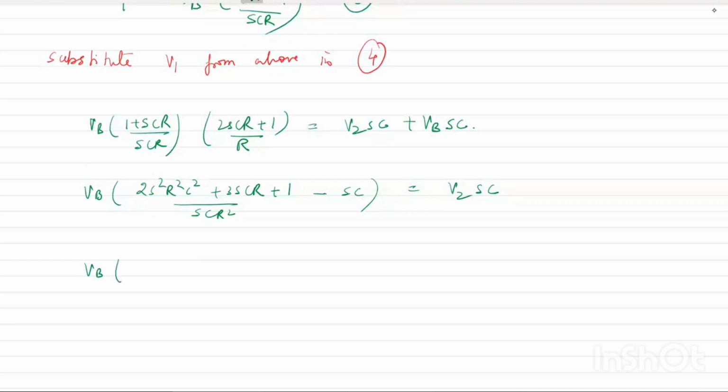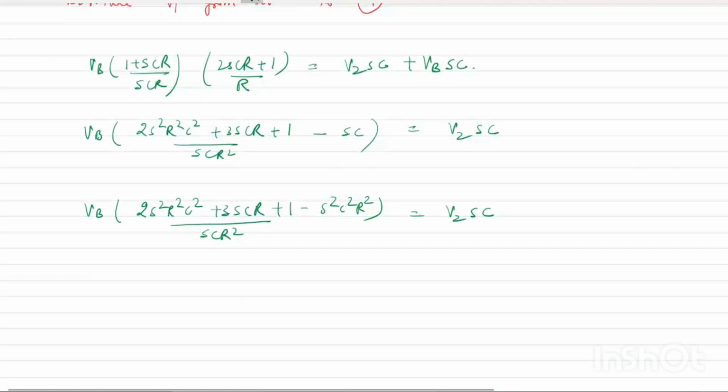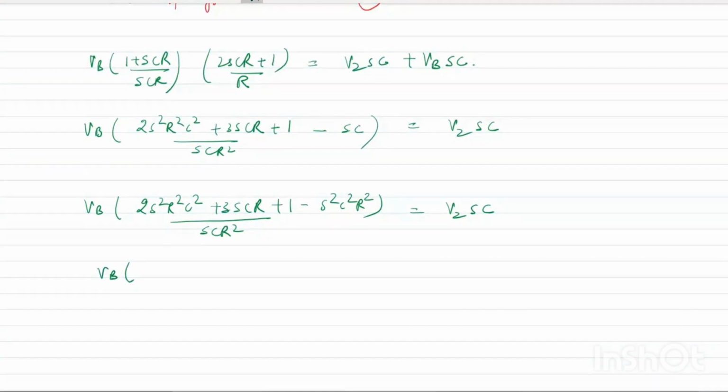So if I simplify, finally I am getting 2S²R²C² plus 3SCR plus 1 minus S²C²R² upon SCR equals V2 SC. So VB, you see, S²R²C² plus 3SCR plus 1 upon SCR² equals V2 SC.